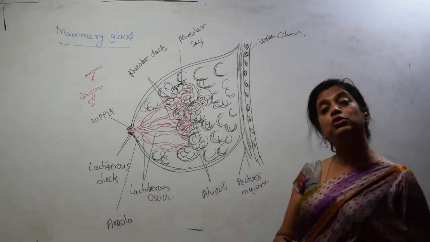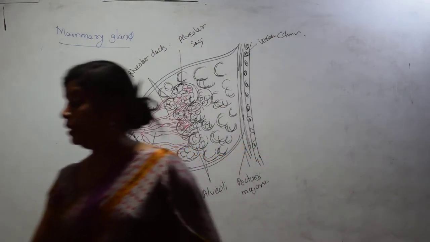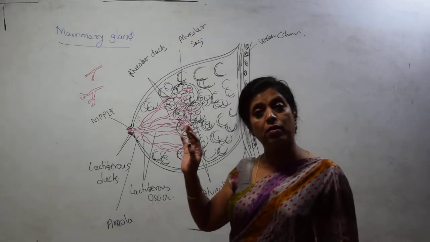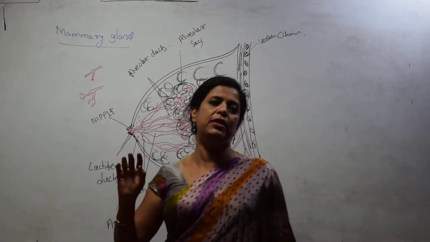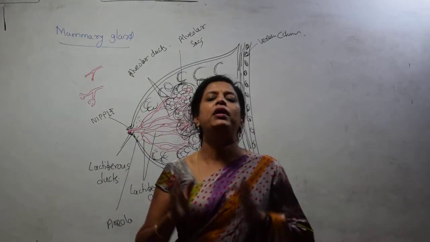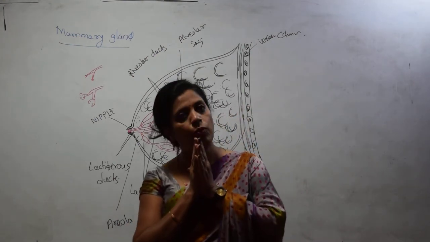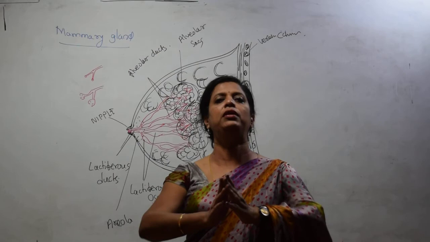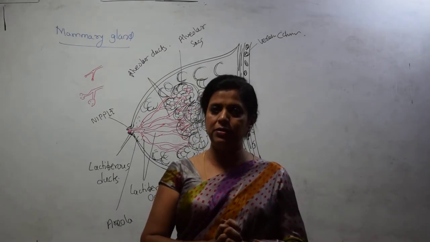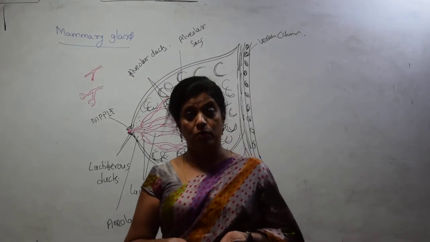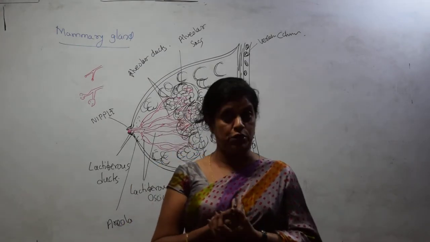But one thing, dear students, you have to remember, the female mammary glands are so important. Although they are present in all females once they enter puberty, only at the time of pregnancy do they start producing more milk. At the time when the child is born, there will be a hormone release called oxytocin.